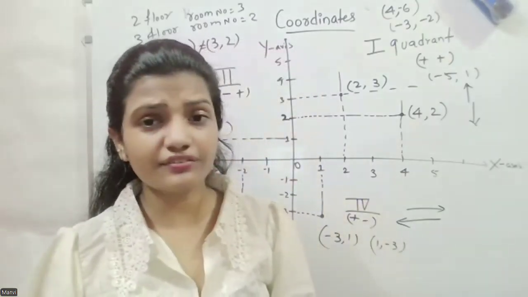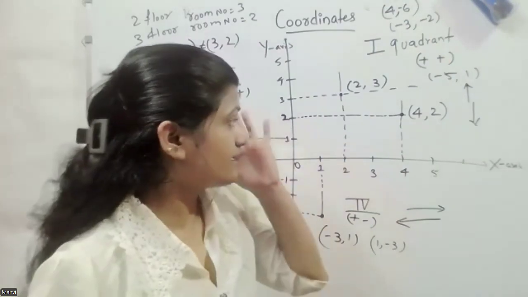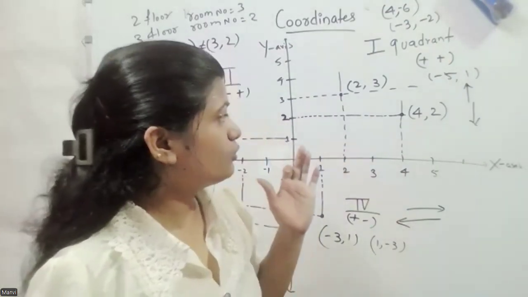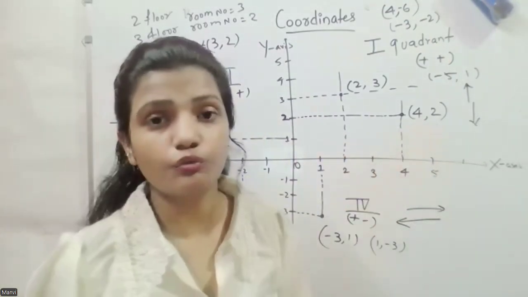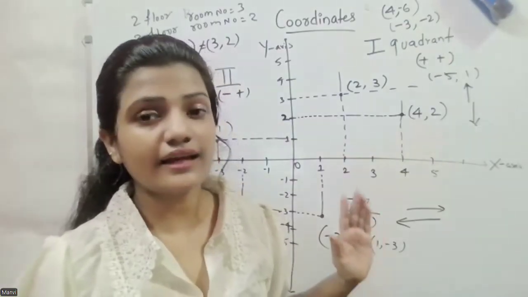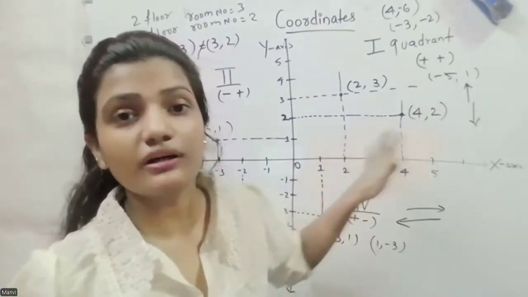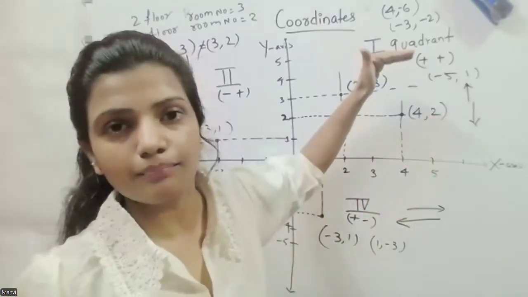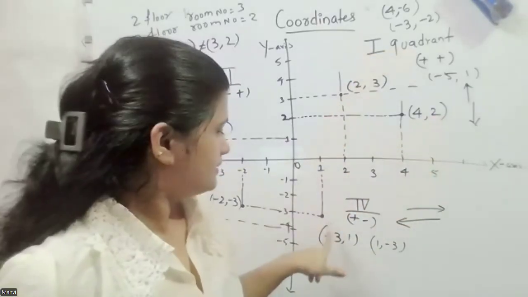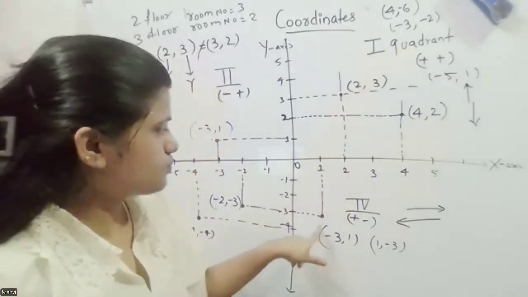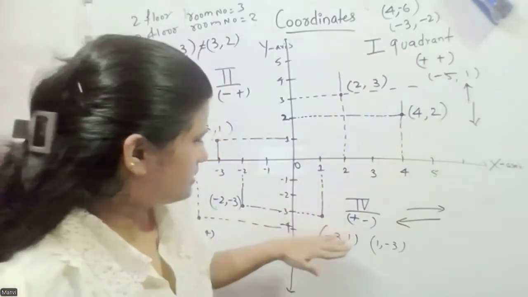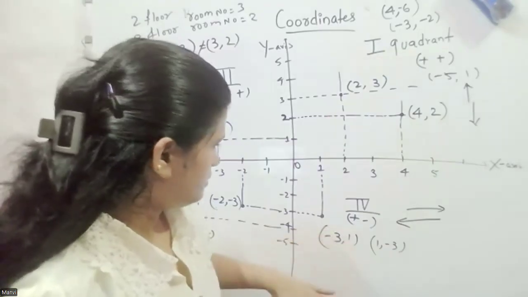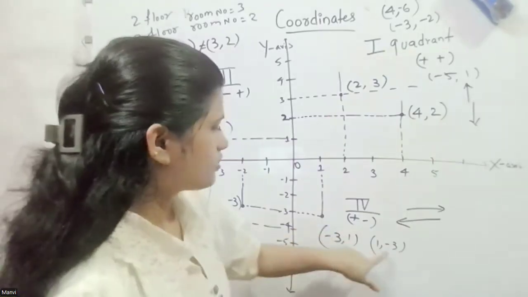So whenever we are reading any point, like if I say the point 4 comma 2, where does it lie? You can say that 4 comma 2 means 4 across and 2 up, right? And this point is 1 comma 3, right?